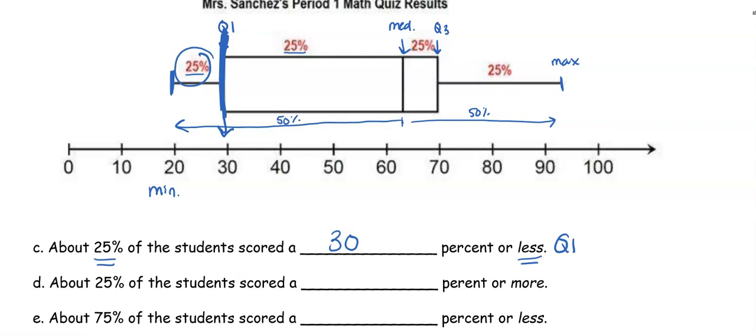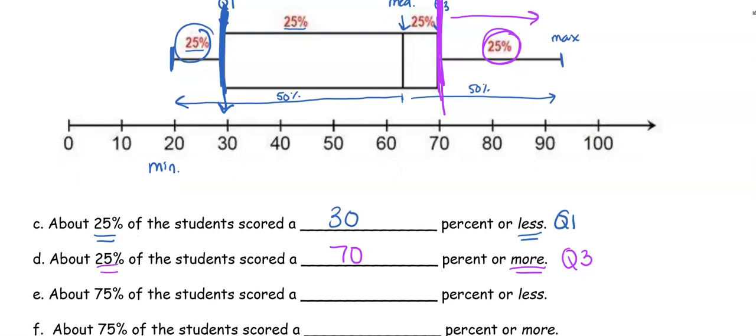So about 25% of students scored a 30% or less. Our next question, we're still at 25%, so about 25% of the students scored a blank or more. That means that 25% of the students are above this. That's talking about this 25% right here. 25% of the students are above this value, which is going to be the Q3, which is 70.